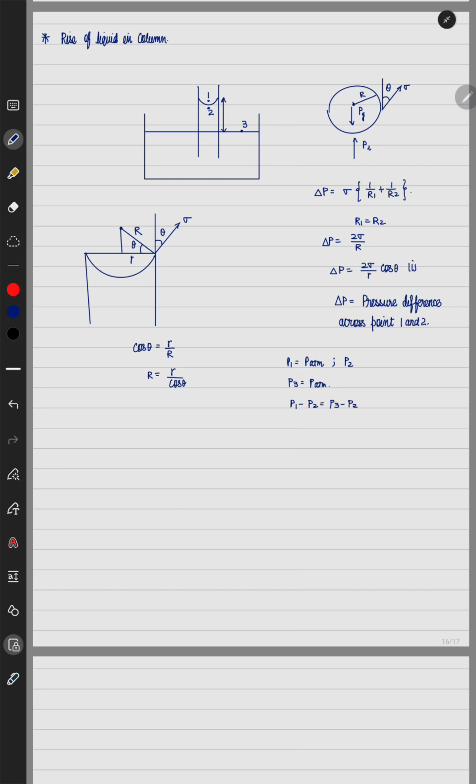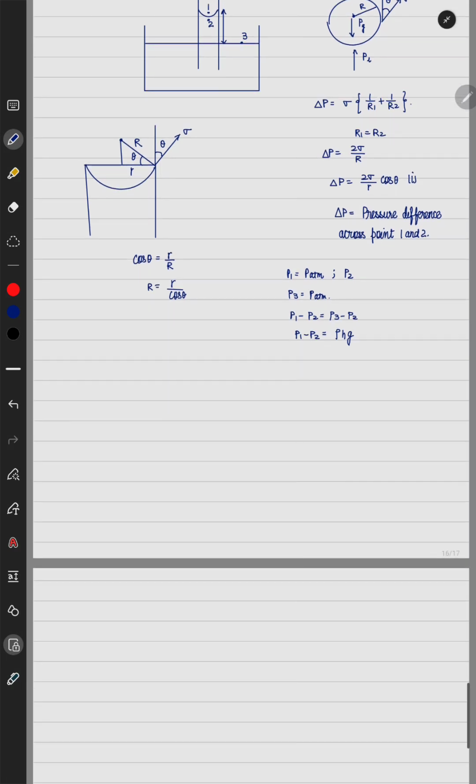P2 is located at a height h above point 3, the density of the fluid is rho, the height is h, and the acceleration due to gravity is g. So the difference between P1 and P2 comes out to be rho gh.